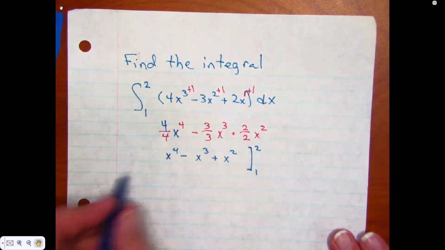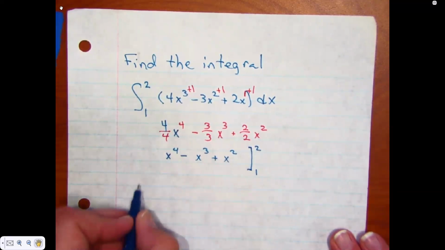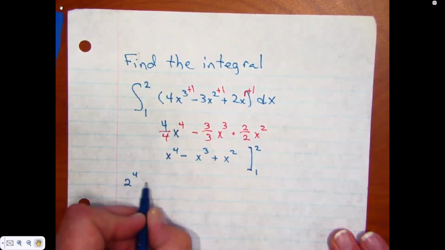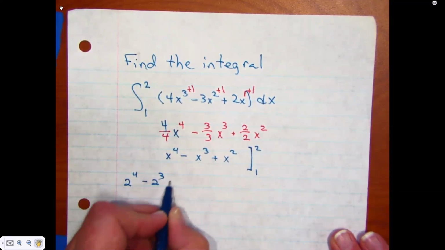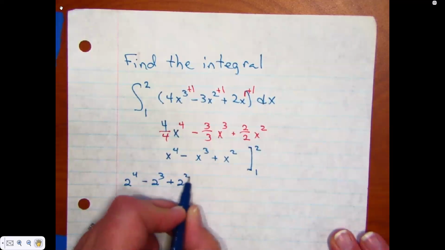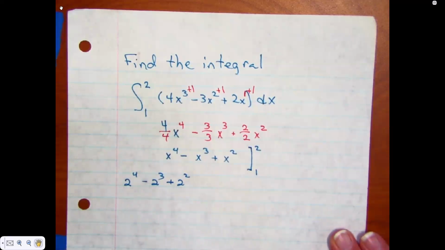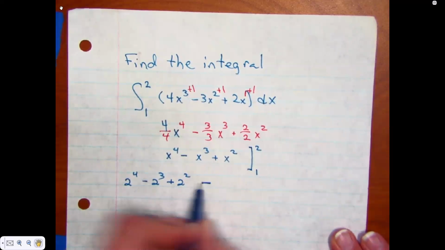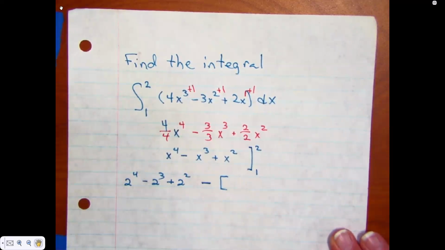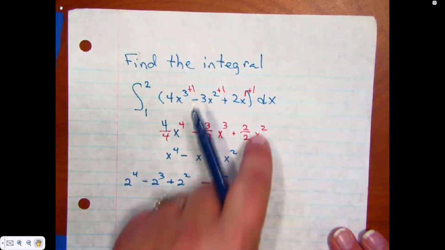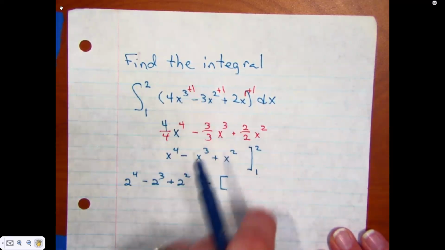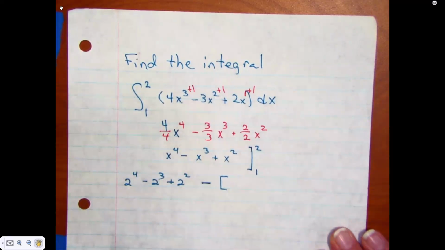Now this is our capital F, so we have to plug in a 2: 2 to the 4th, minus 2 to the 3rd, plus 2 squared. And then a minus and a bracket. And now what do we plug in? We plug in a 1. Make sure you do the B first. It always messes me up. This is A, this is B, but you plug in the B first.